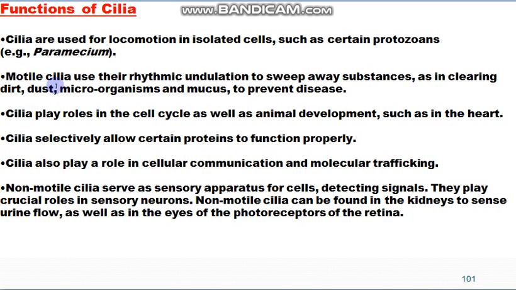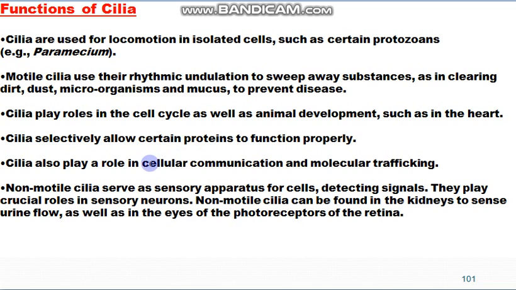And motile cilia use their rhythmic undulation to sweep away substances, as in clearing dirt, dust, microorganisms and mucus to prevent disease. Cilia play roles in the cell cycle as well as in animal development, such as in the heart. And cilia selectively allow certain proteins to function properly.